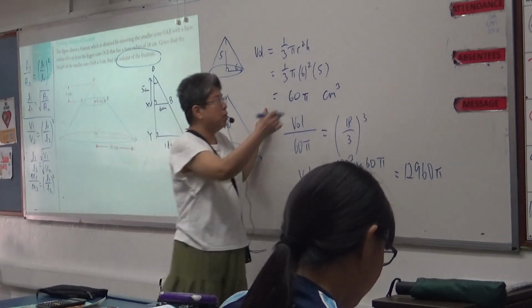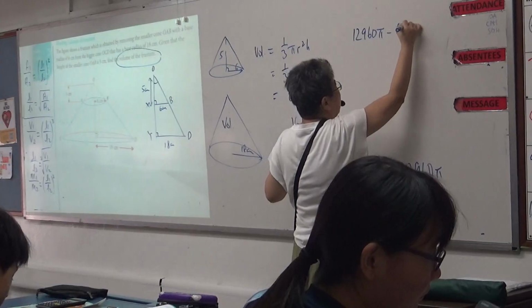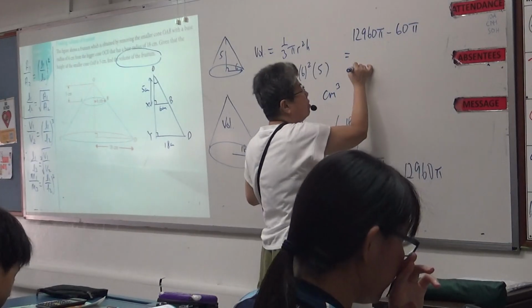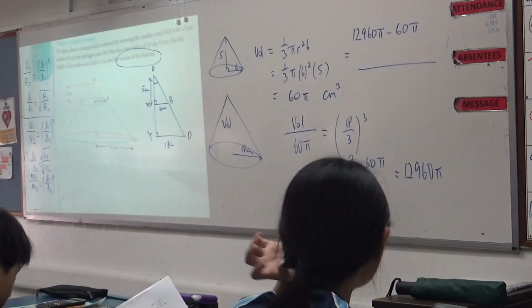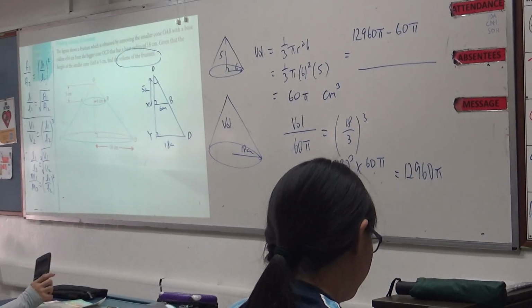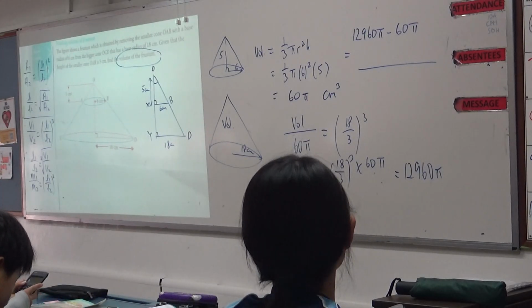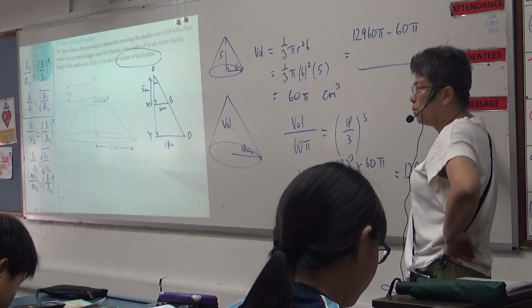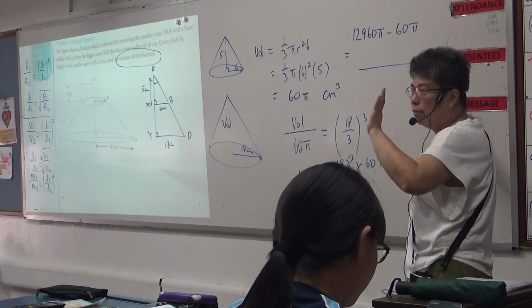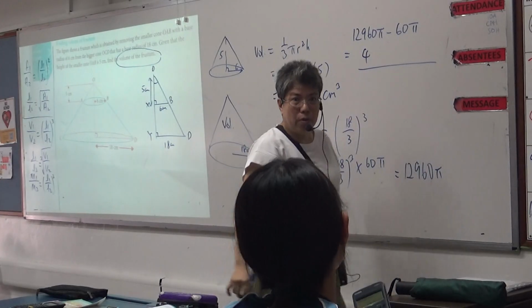So when I take 1, 2, 9, 6, 0 pi minus 60 pi, now you can give me to 3 decimal places. All of you do it now. Give me the number.